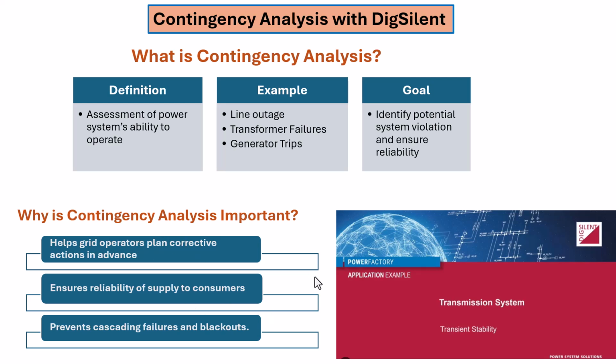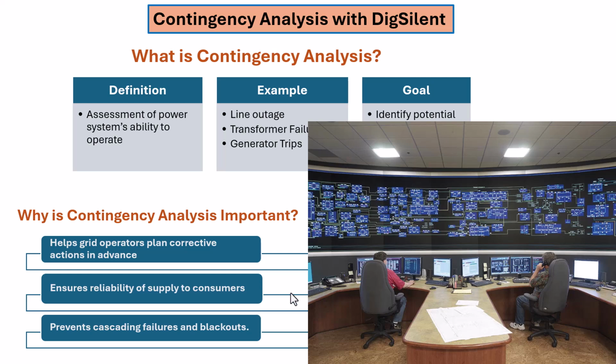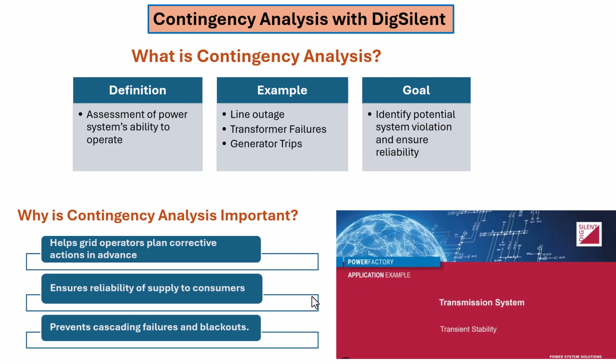It helps the grid operators, the ones running the power system grid, to prevent cascading failures and blackouts, which can result from an unanticipated power outage that was not announced in advance. So by simulating potential failures like line outage, transformer failure, generator tripping, and others, we can plan and implement corrective actions before these problems occur. That is why it is important to run a contingency analysis.